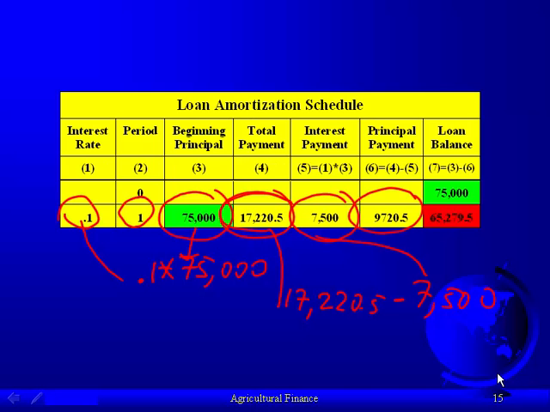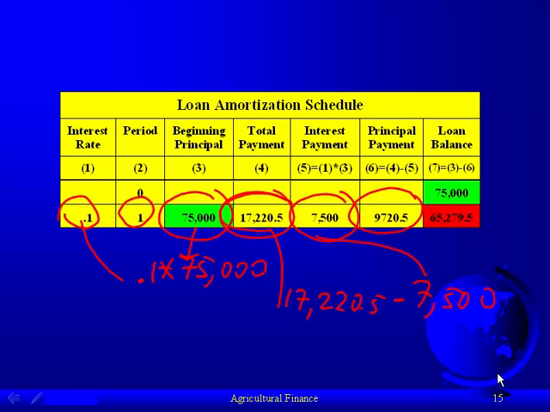The difference is $9,720.50. That is the principal that can buy down how much money we've borrowed from the bank. The interest is the price or cost of borrowing the money. This $9,720.50 is a way for us to retire the loan. It's what we're going to use to pay the principal down.